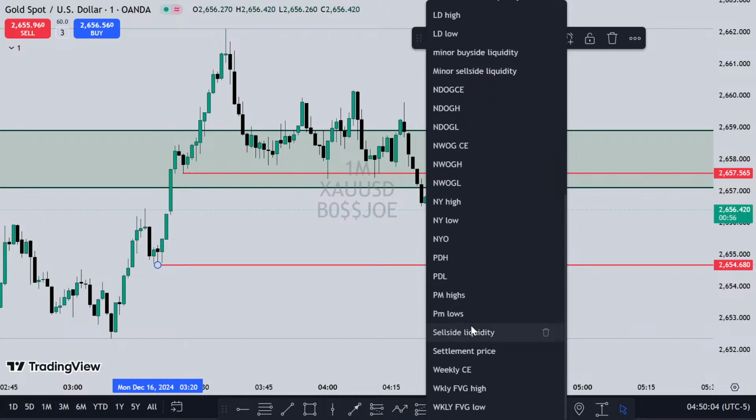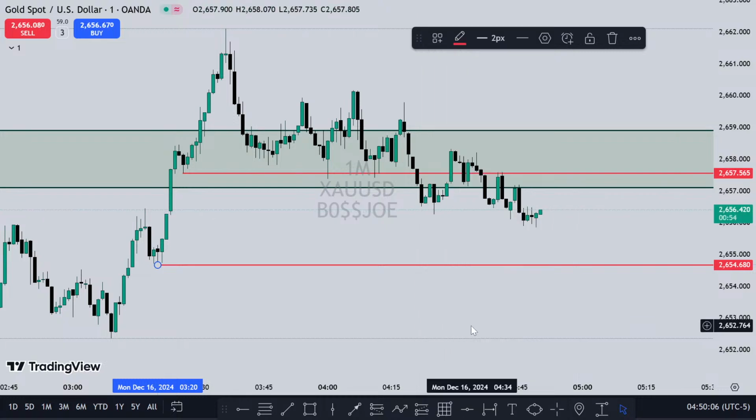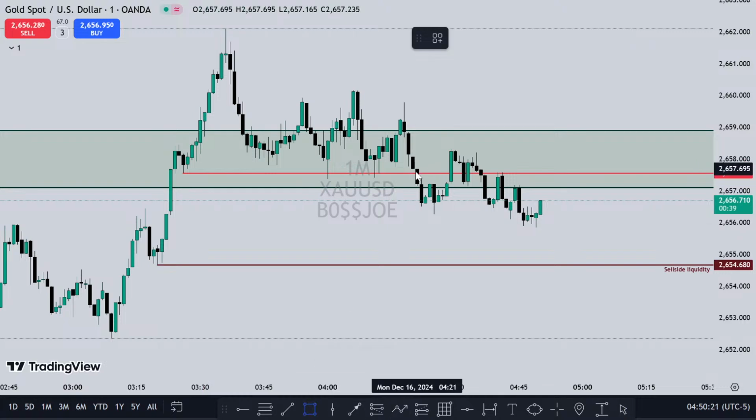Sell side liquidity. So where would you have entered in this market? You see, once this candlestick body closes below, there is a fair value gap. On this candlestick closing below itself, it has created a fair value gap. There's also another fair value gap right here.